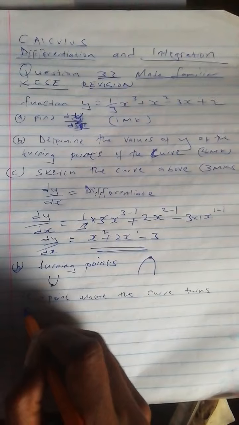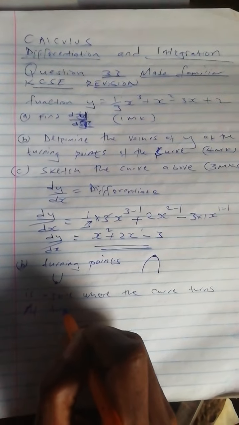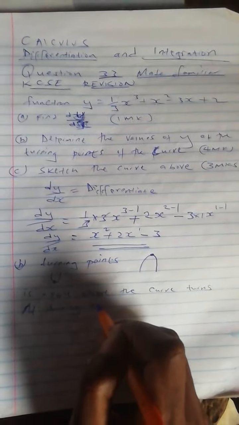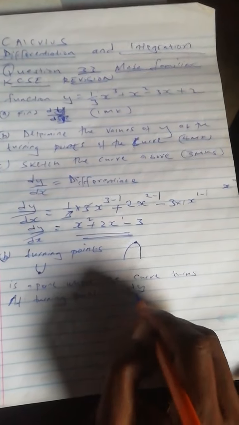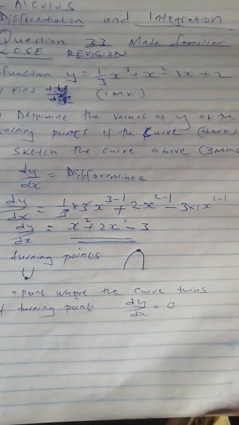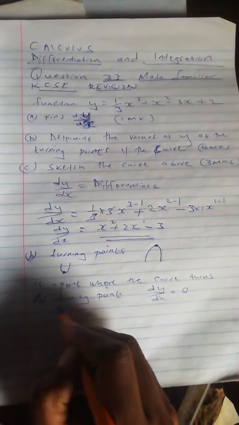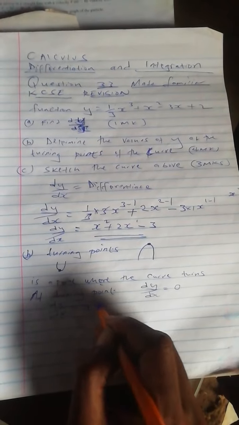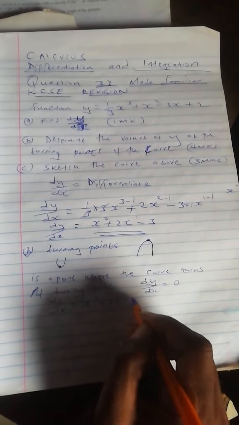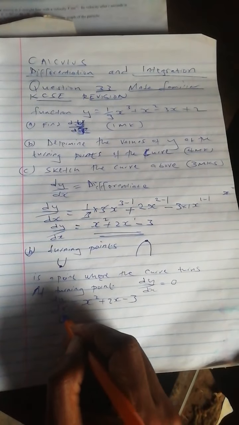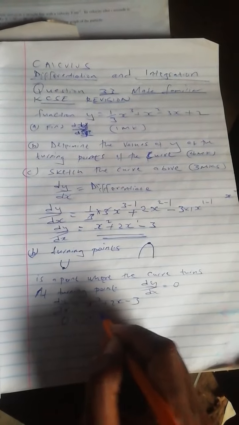So at turning point, dy dx is equals to 0. And we know dy dx tunajua ni x squared plus 2x minus 3. Therefore, 0 is equals to x squared plus 2x minus 3.